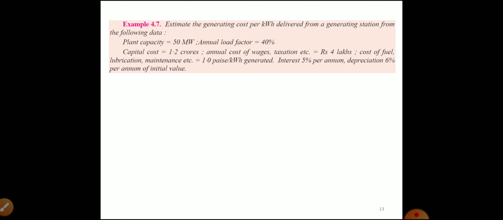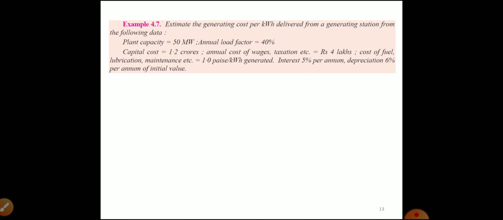Estimate the generating cost per kilowatt hour delivered from a generating station from the following data: plant capacity 50 megawatt, annual load factor 40%, capital cost 1.2 crores, annual cost of wages, taxation, etc. rupees 4 lakhs, cost of fuel, lubrication, maintenance, etc. 1 paise per kilowatt hour generated, interest 5% per annum, depreciation 6% per annum of initial value.